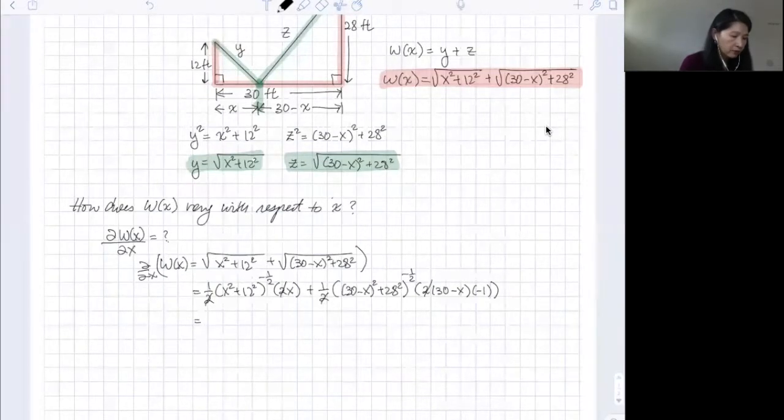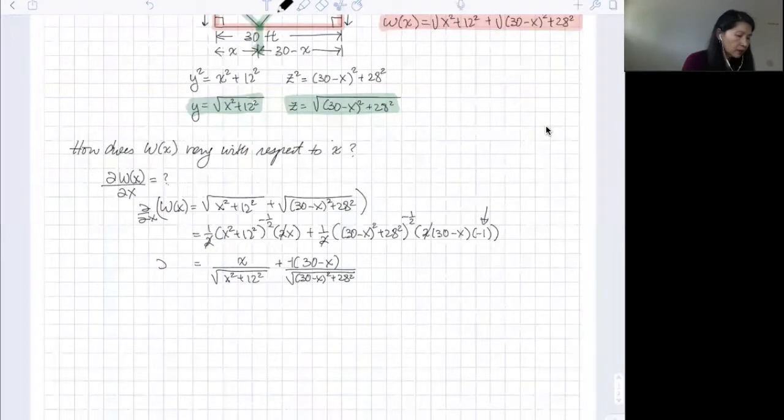We have x over the square root of x squared plus 12 squared, plus (30 minus x) over the square root of (30 minus x) squared plus 28 squared. Let's not forget our term, negative 1. So now we have an expression for the derivative of the length of the wire with respect to x.